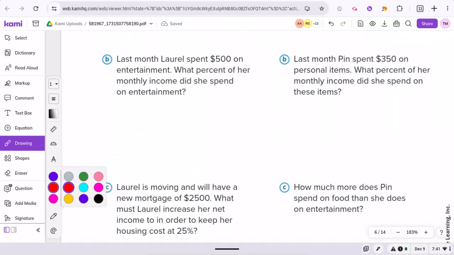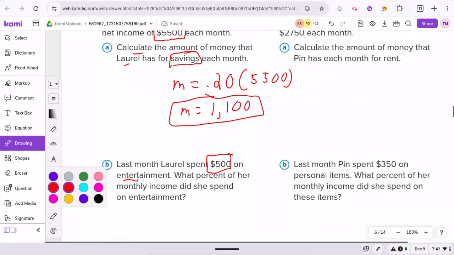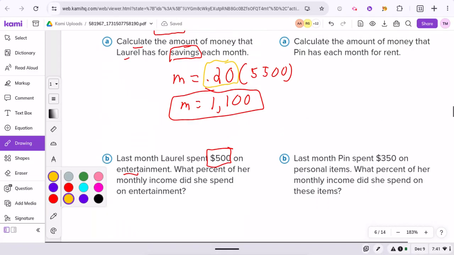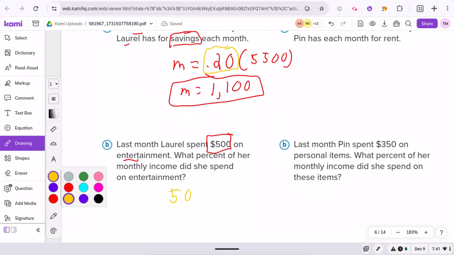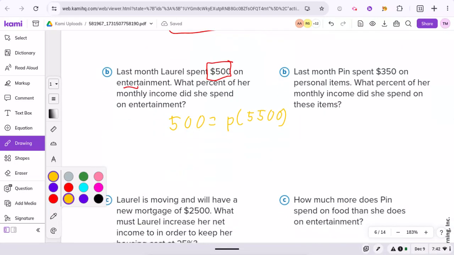Letter B says she spent 500 on entertainment. What percent is that? So once again, you're missing the percent. So you know she is doing 500. You don't know the percent. Her monthly income is 5,500. So for this one, divide by 5,500 on each side.